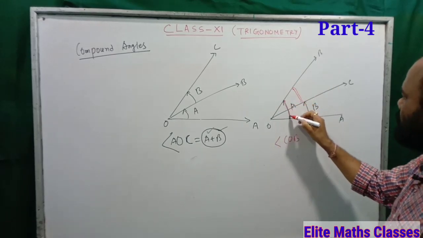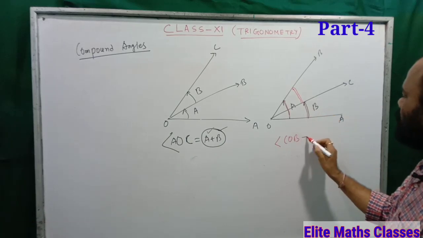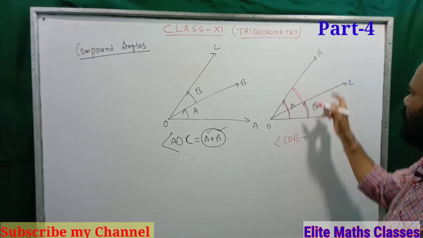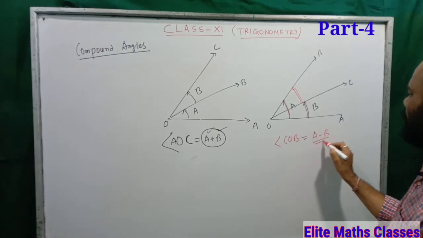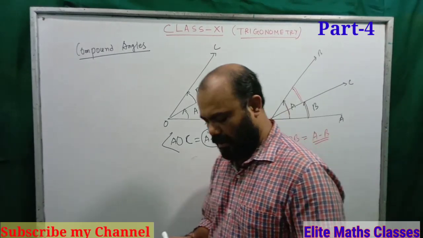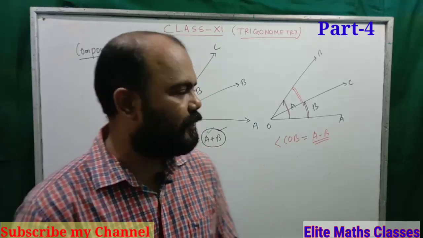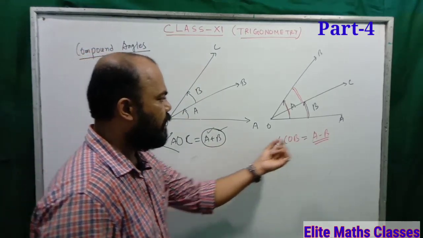The total angle is A, this angle is B, so what is the measure of angle COB? It will be angle A minus B. So these two forms are actually the basic form of compound angles, A plus B and A minus B.